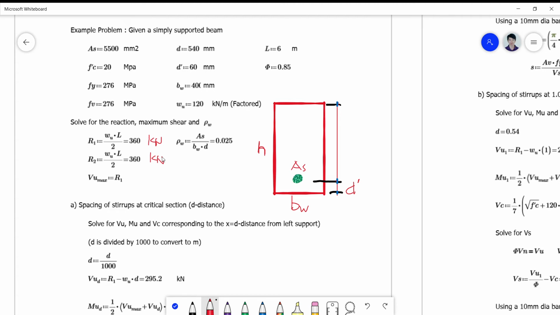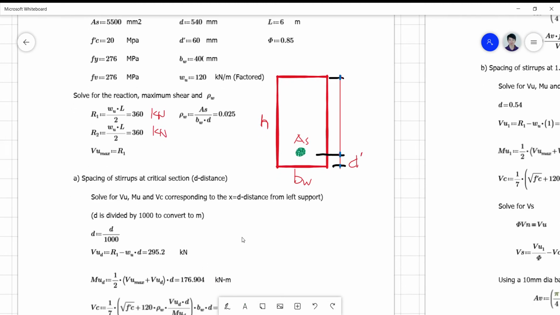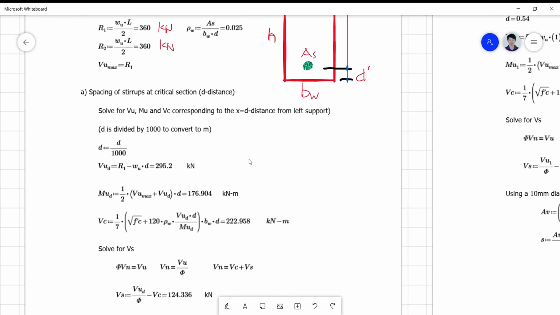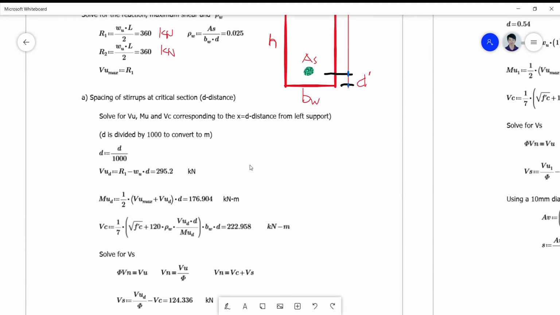So let's now proceed with the spacing of the stirrup at the critical section. The critical section is defined at the distance D from the face of the support for a simply supported beam. We then solve for VU, MU, and VC corresponding to a distance x equal to the distance from the left support.